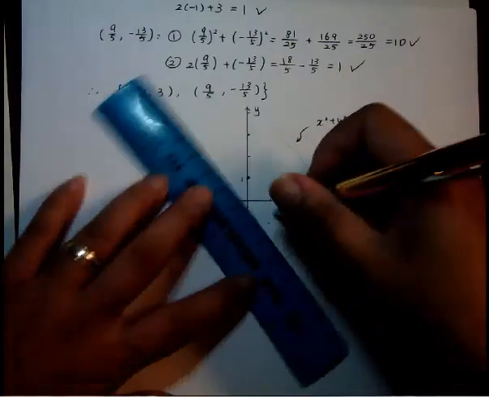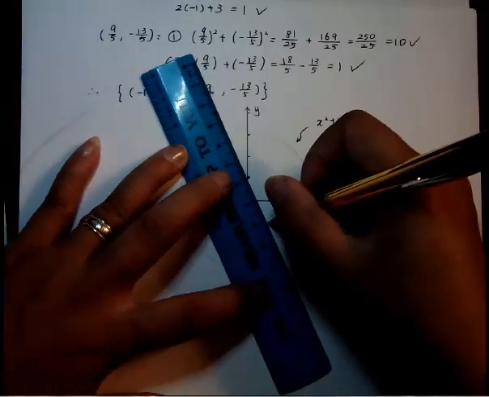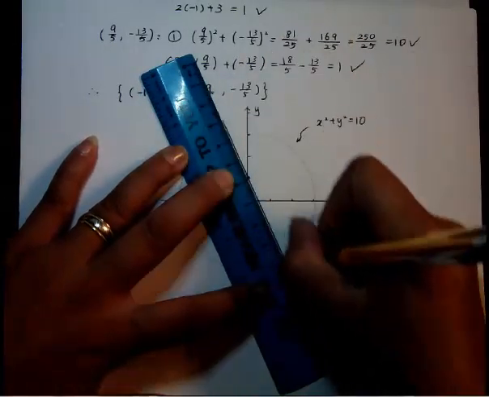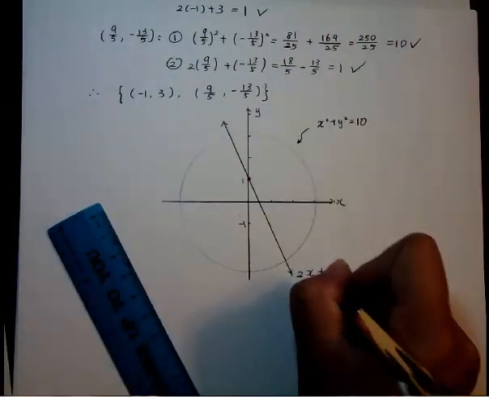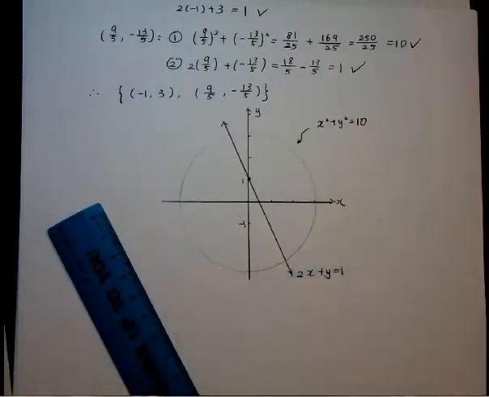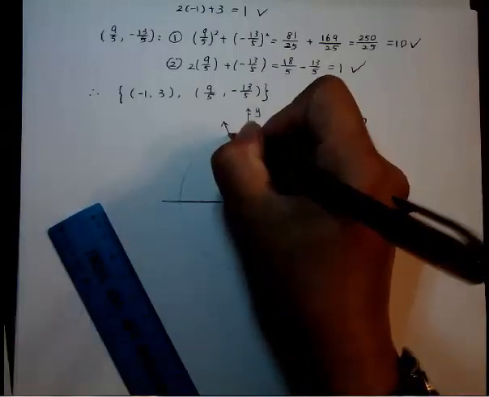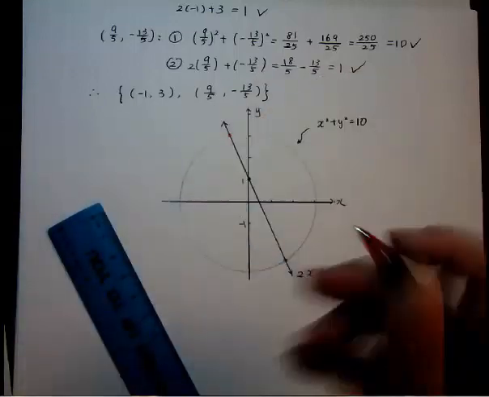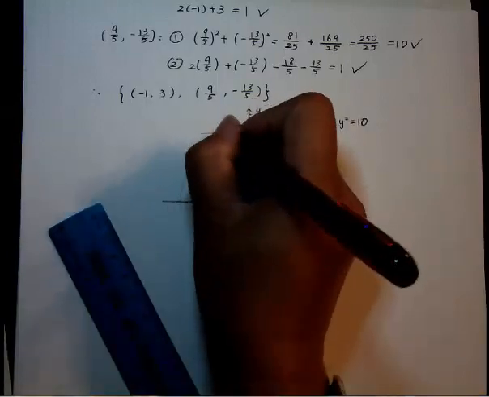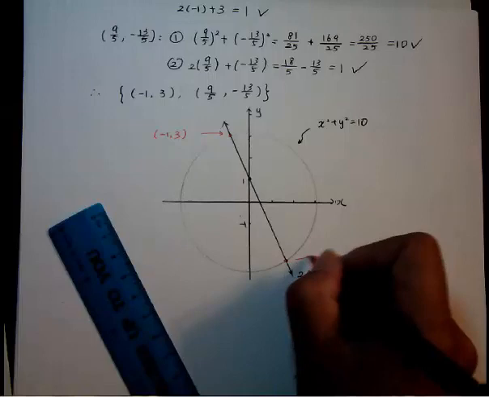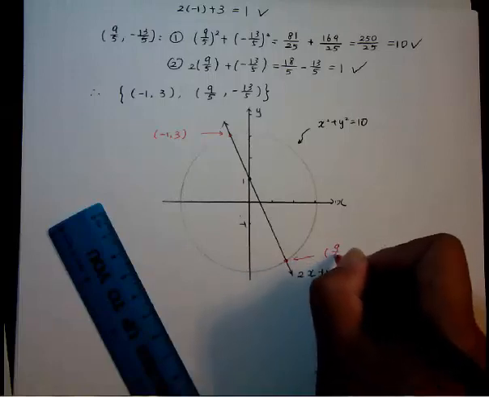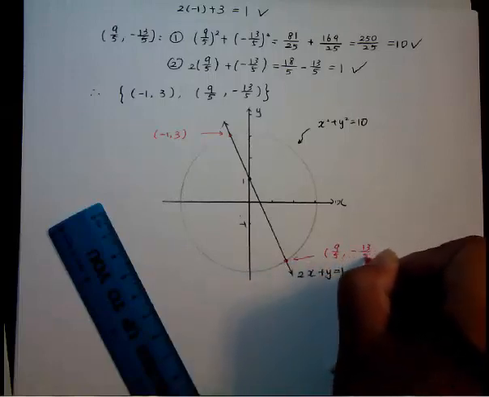You have this straight line, and this line is 2x plus y equals 1, and you can see the line is intersecting the circle at 2 points. So this point is (-1, 3), and this is the point (9/5, -13/5).